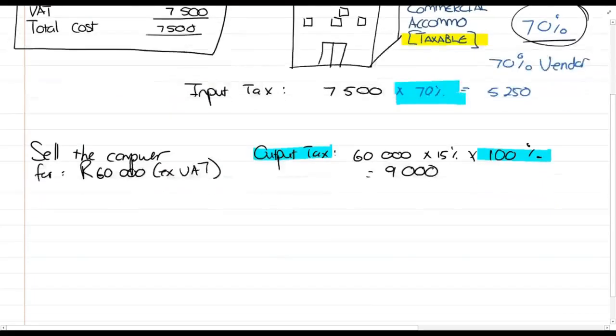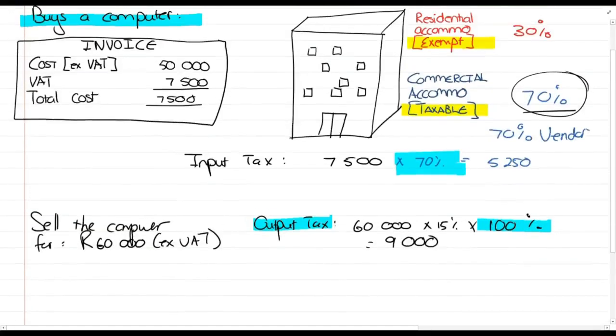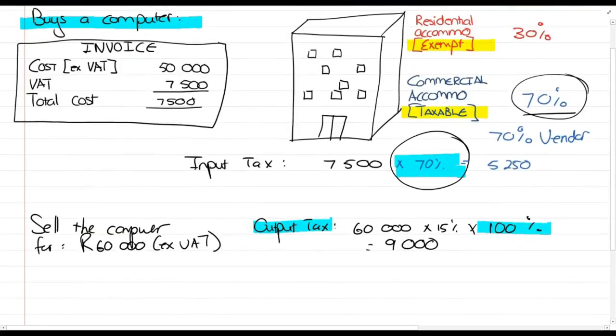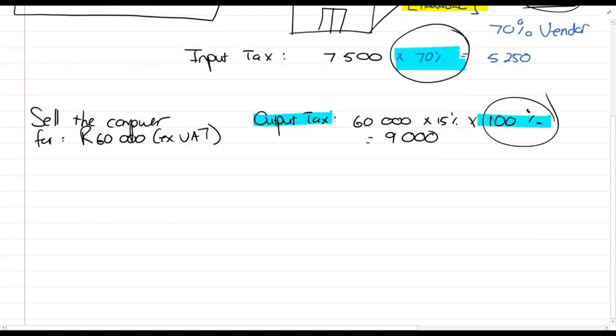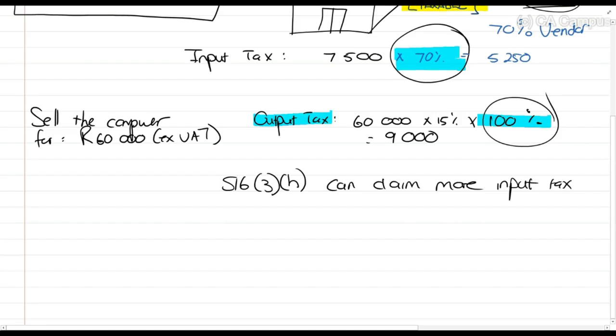Now, to solve that, they've said that if you are in a situation where you claimed less than 100% of the input tax, but you're paying 100% of the output tax, there's a section 16.3H, which tells you when you sell this, you can claim more input tax. So what does that mean? They say you can claim it on the lower of the cost.